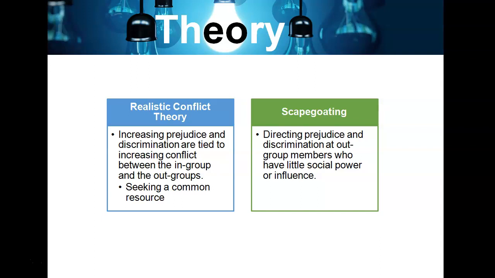And you see this all the time when prejudices and discrimination is done towards the homeless, towards immigrants, towards people that can't really fight back as much. Because it's easier. They're a scapegoat. They're an easy way out. It's easy to blame them for things because they can't fight back as well.